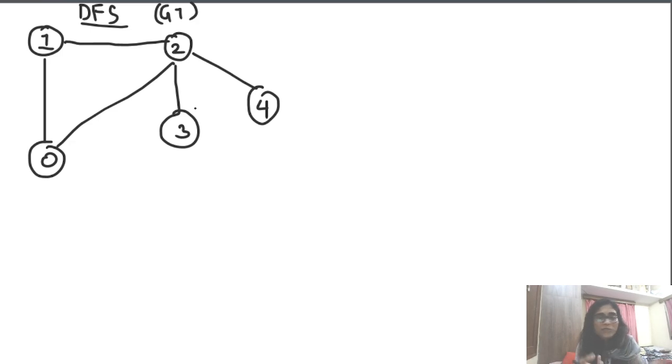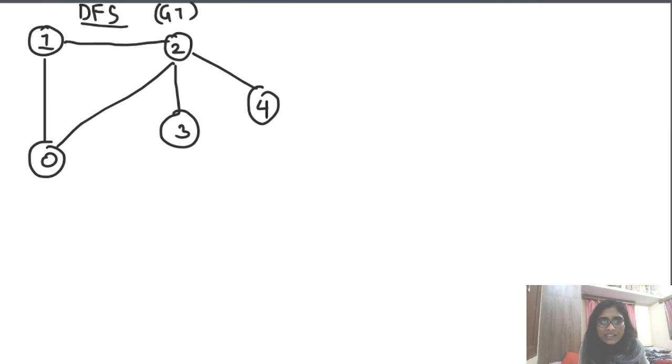You can start from whichever node you want. And I'm going to start from 0 because 0 is my favorite number, 0 the hero. So I will start with 0 because in the question I only have a graph, and it is DFS. Graph is given, but nothing is mentioned about where to start, so you can start from wherever you feel like starting.